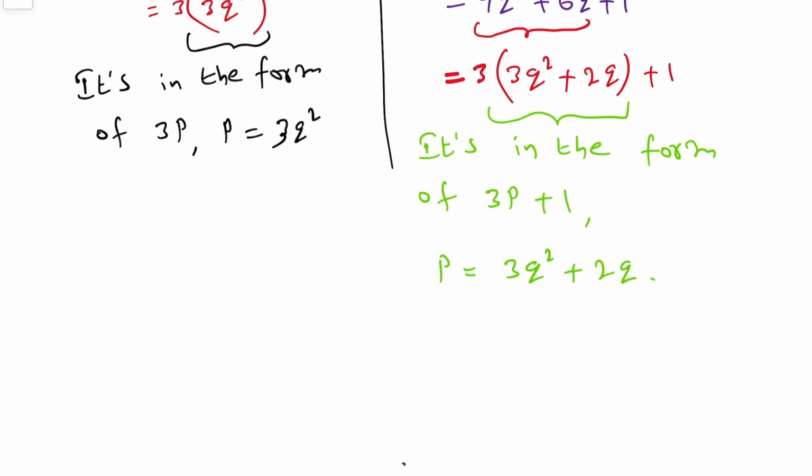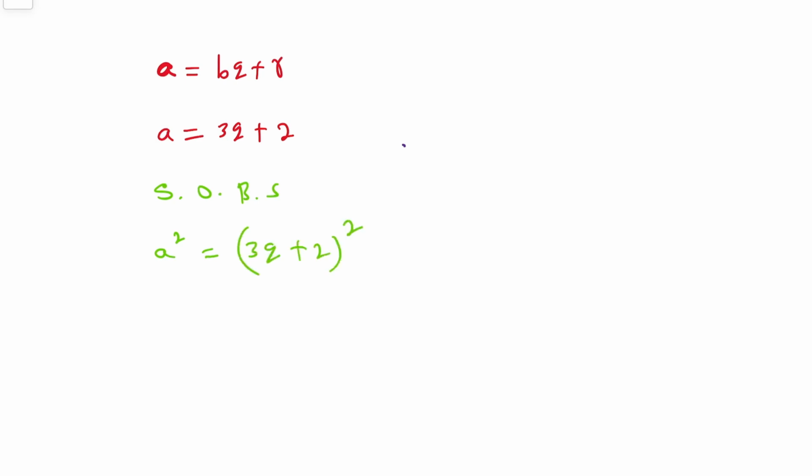Now let us move to the remainder 2. The formula which we have is A equals to BQ plus R, right? So A as it is equals to B value is 3Q plus and remainder is 2. So now squaring on both the sides. So we will get A square equals to 3Q plus 2 whole square.